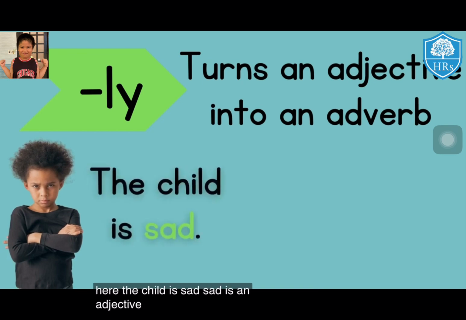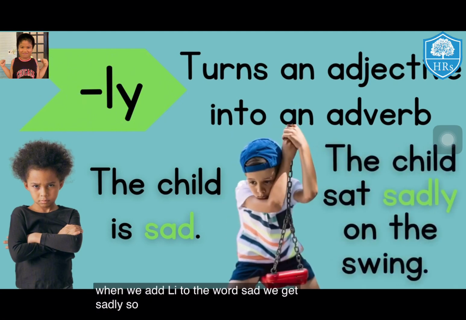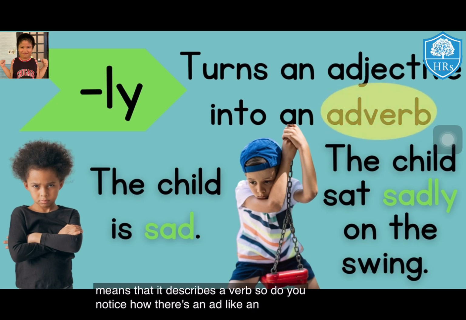Here, the child is sad. Sad is an adjective, and it describes a noun or tells us what something or someone is like. When we add ly to the adjective, we get sadly. So now, sadly is an adverb, which means that it describes a verb.